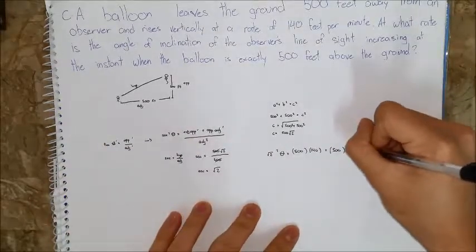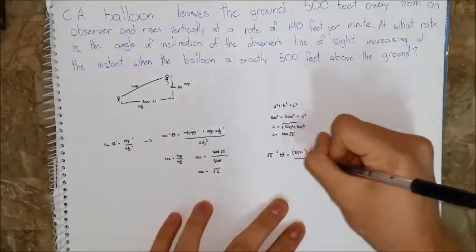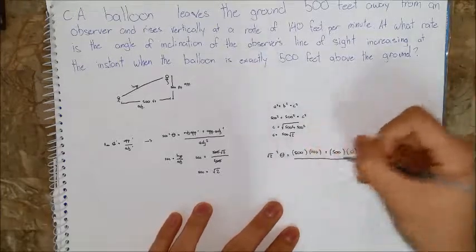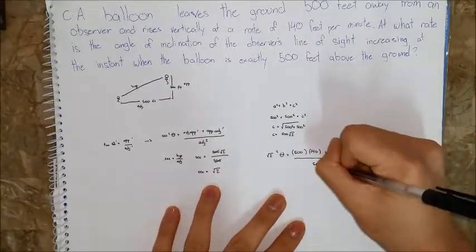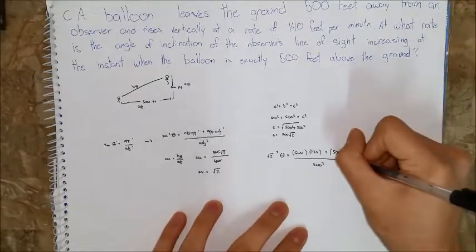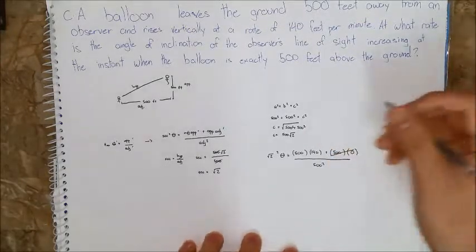So it is still 0, over adjacent squared, which is just 500 squared.